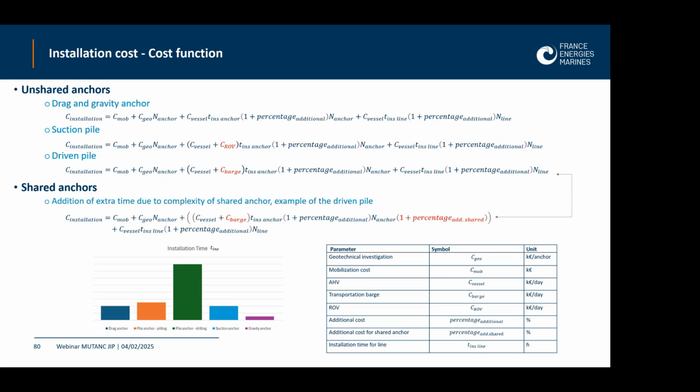And for the shared anchor, we also consider an additional percentage, as we foresee that the installation of shared anchors will be more difficult and more complex, so there will be an additional cost.